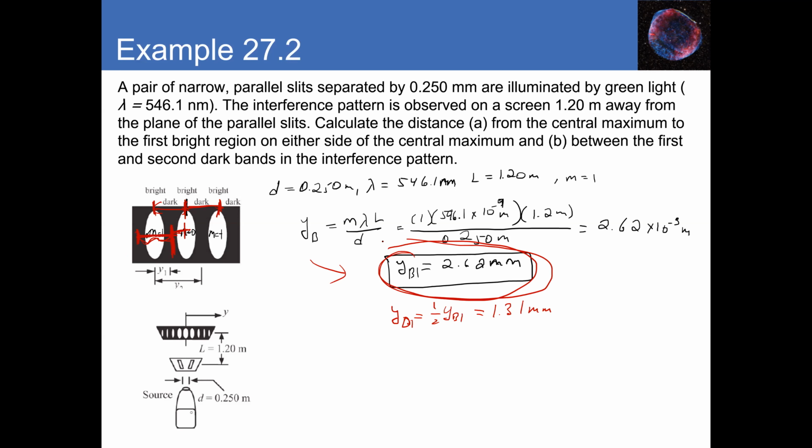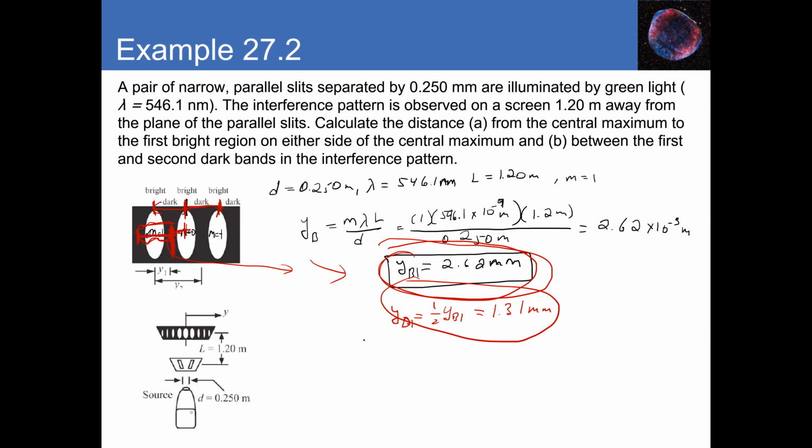From one bright to another bright is the same distance as from one dark to another dark. I know that from dark to bright is 1.31, so going from here to there is 1.31, and from there to here another 1.31. That means this total distance is 2.62.